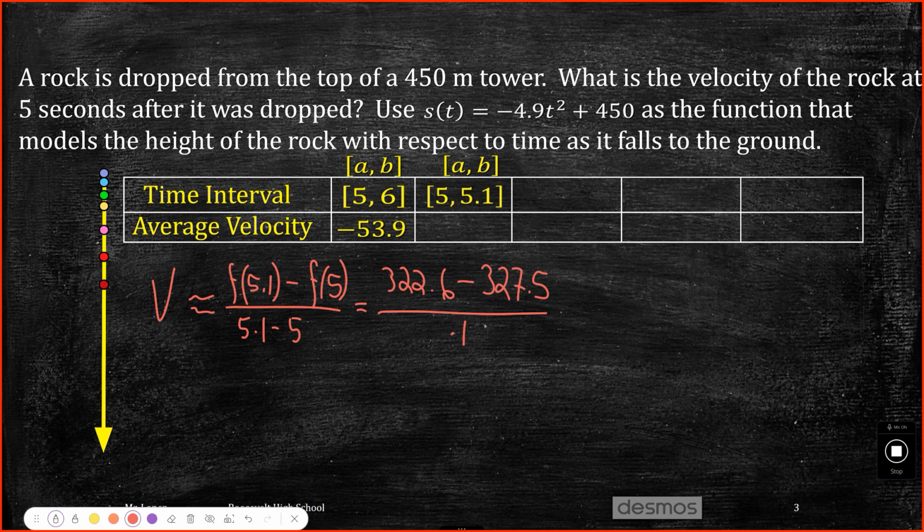Yeah, just get another one, leave the other one open, and get another one just to do this. 322 minus, and then divided by 0.1.